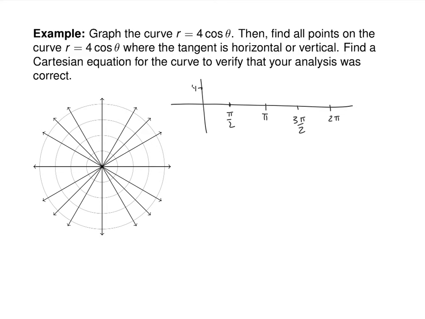By pi halves, we're at 0. By pi, we're at negative 4. By 3 pi halves, we're back at 0. And by 2 pi, we're back at 4. So it looks like we start right here, and by pi halves, we're already back at 0. So what's going to happen here is that the radii decrease as the angle increases.